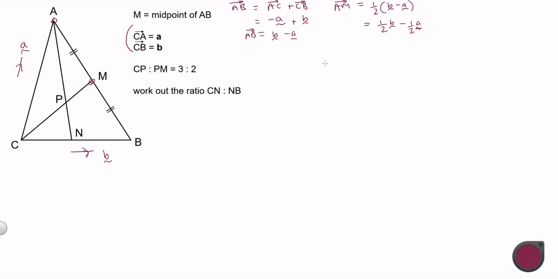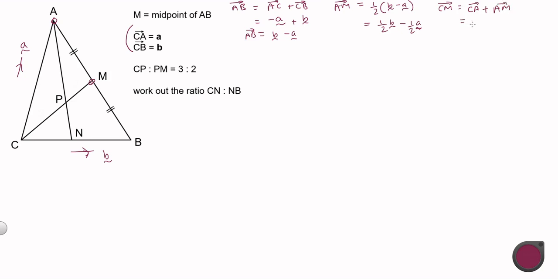Now what I will do is work out vector C to M. I know C to M is going to be vector C to A plus vector A to M, which I've got now.